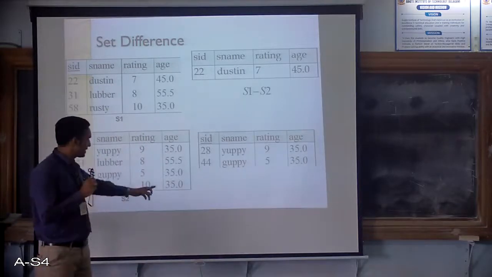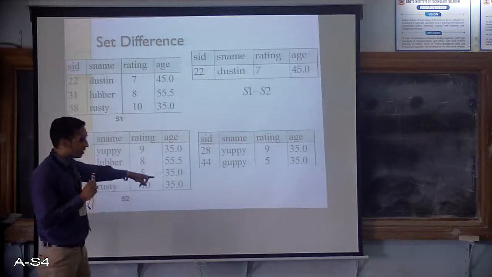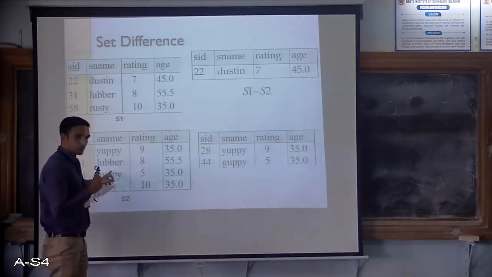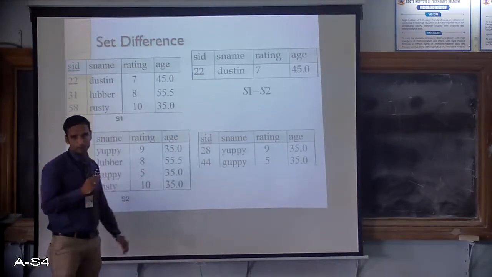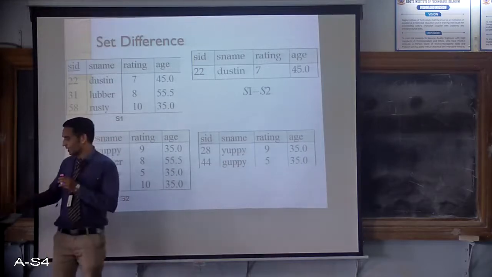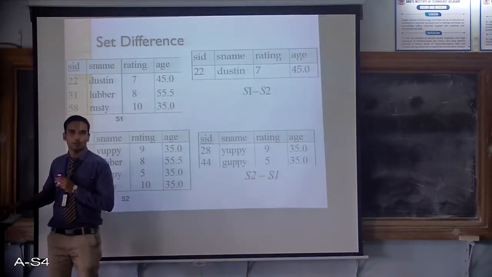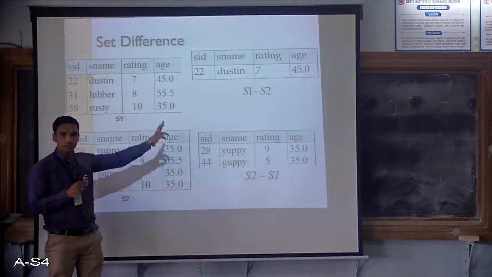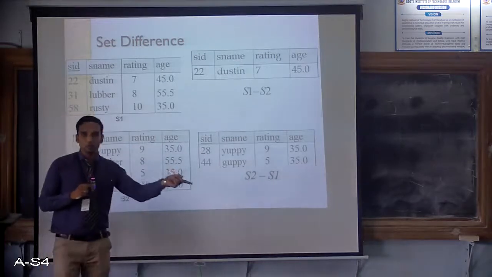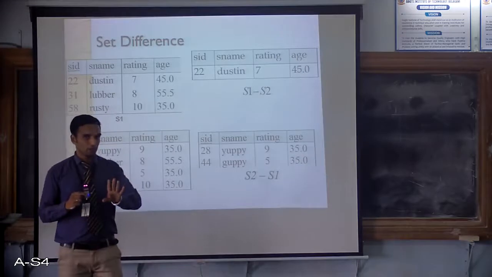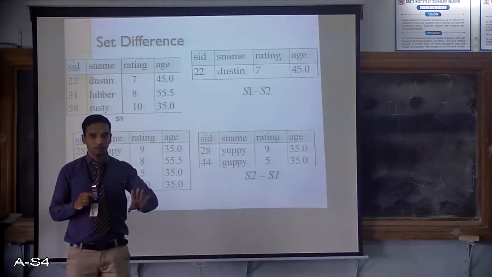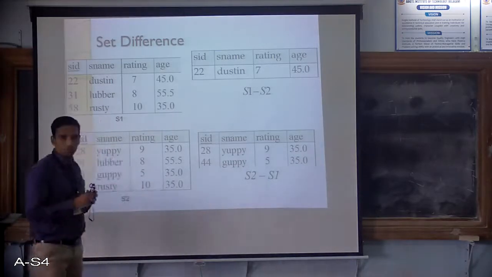And on similar lines, S2 minus S1 is those rows that belong to S2 but not to S1. This is nothing but a set difference. And please remember, S1 minus S2 is not similar to S2 minus S1. Please remember this concept like anything. Is this clear, students?